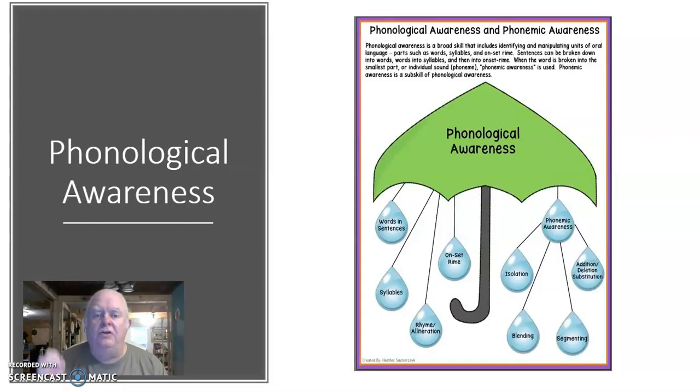Now, phonological awareness. This is just a person's awareness, knowledge of the sound structure of words. And it's got syllables, it's got words in sentences, it's got rhyme, it's got blending. This all comes under phonological awareness.